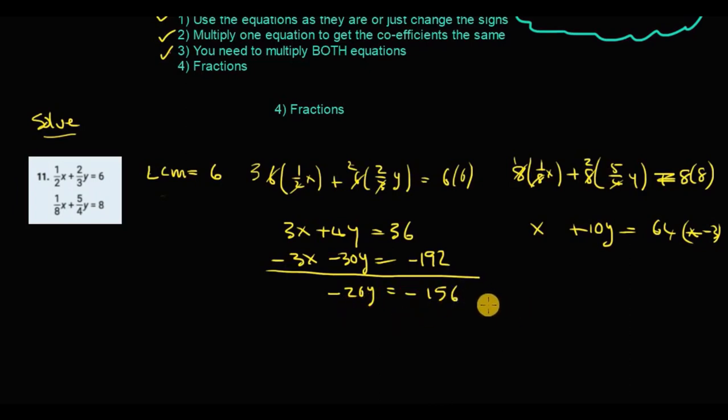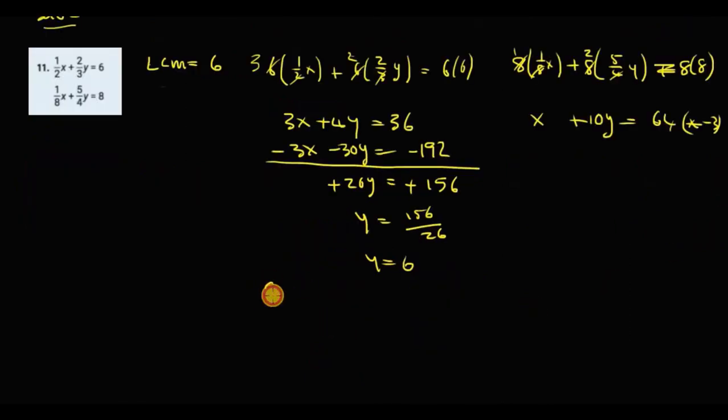I can multiply both sides by negative 1. And then I'm going to go y is equal to 156 divided by 26. So y is equal to 6. Now in order to get x, I need to sub it back in. So let's come down here a wee bit. So sub in. I'm going to go into, say, x plus 10y is equal to 64.